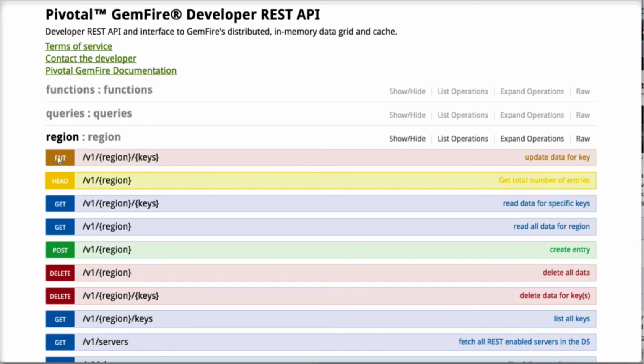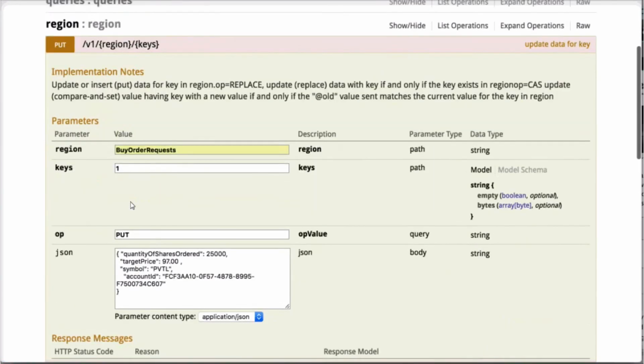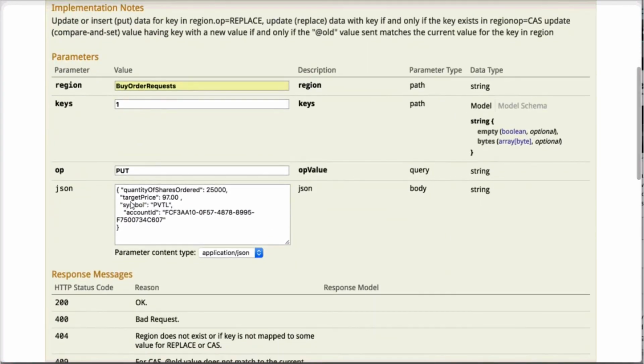And what I want to show you here is, before we start trading, the order I'm going to submit. This is a web-based API for GemFire that I can insert objects into GemFire. And I'm going to be inserting this trade into the GemFire region buy order request.